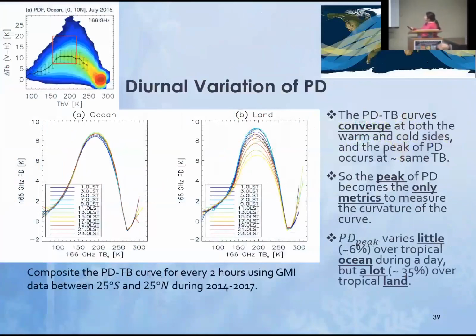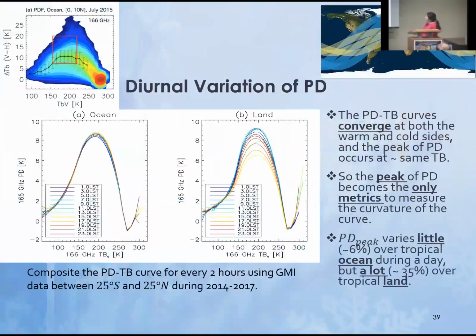So now let's look at the bell curve. This is the PDF, and if you link the peak of the PDF, you can get this bell curve. And this is what the bell curve looks like over tropical ocean and over tropical land in different local times. Over tropical ocean, very little difference. Over tropical land, large difference here.